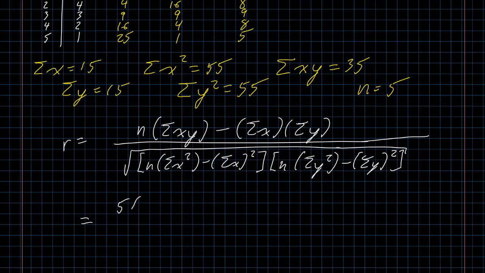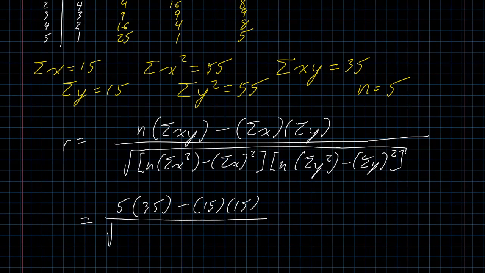N is 5, sigma xy is 35, sigma x is 15, sigma y is 15. N is 5, sigma x squared is 55, sigma x is 15, and we square it.